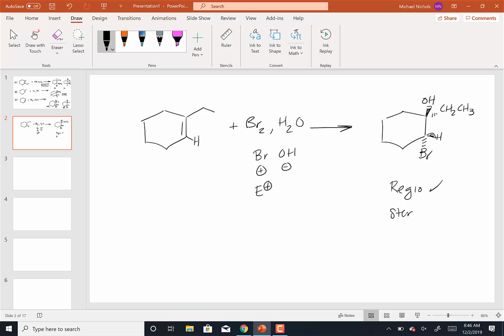This is also then stereoselective. Okay. Any questions? Does that kind of make sense?